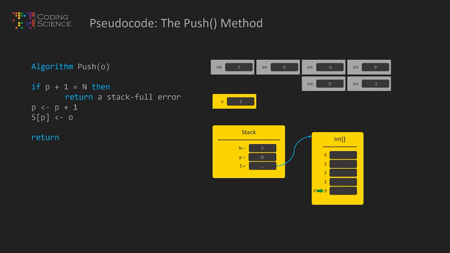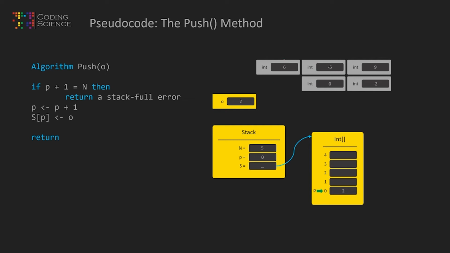That is the array, that's the position 0. So we'll need to put the value in O, which is 2, into that position. There we go. And now we're finished. We've done the algorithm for the push function. So now we use return. That means that we exit the method. So we're done with 2.